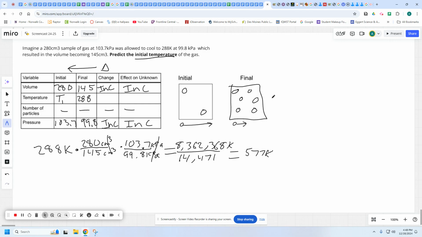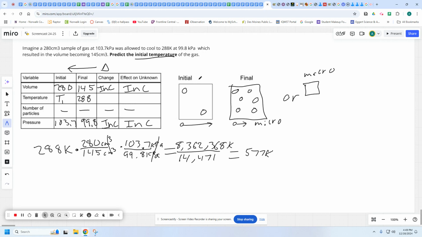And since the temperature decreased, I would actually change my average EK arrow to be less. Now, some people might prefer to try to track the macroscopic change in the volume. So from 280 to 145, macroscopically, that whole sample of gas decreased volume. So instead of doing just a microvolume, which is a microvolume of a much bigger sample, some people might prefer to draw a microvolume but treat it like a macroscopic change for the overall volume.